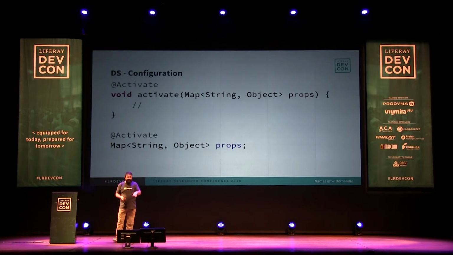These are two different ways of receiving the configuration in your component: the activate method or an activate field. Activation fields were added in the version of DS that's in GA2.